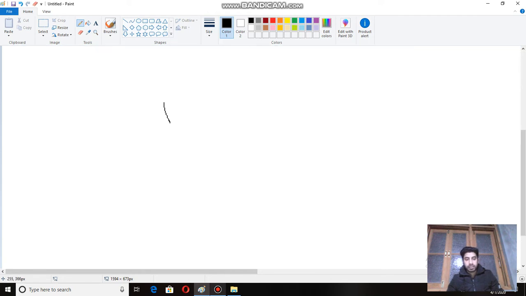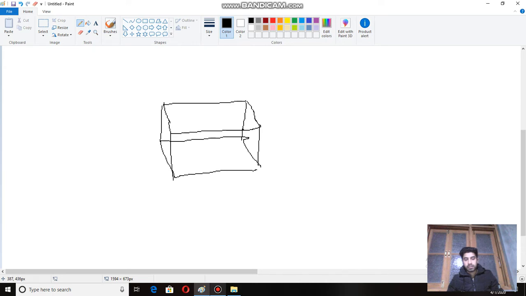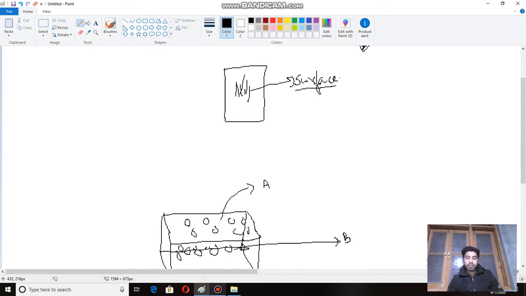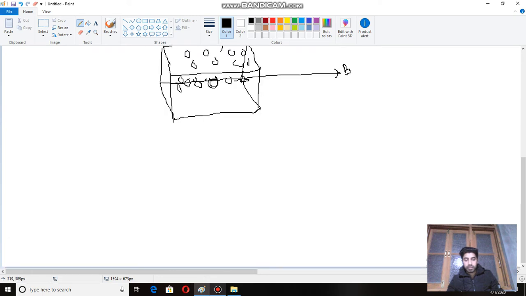See, let's consider a solid block, a cubic solid block. Like this. And let's assume the atoms present here on the surface, let's represent them by A, and the molecules present in the bulk of the solid material, let's represent them by B. So I am trying to make this B molecule here.